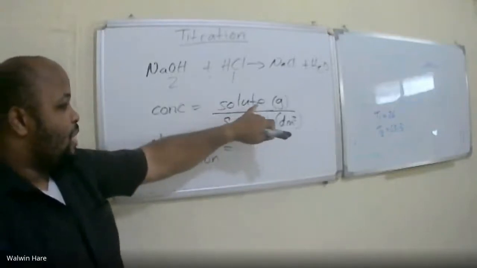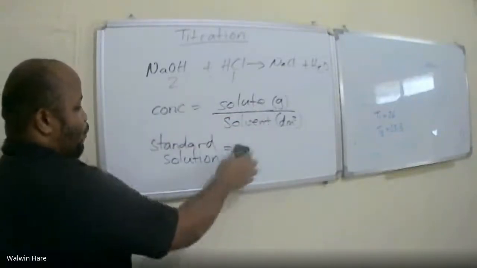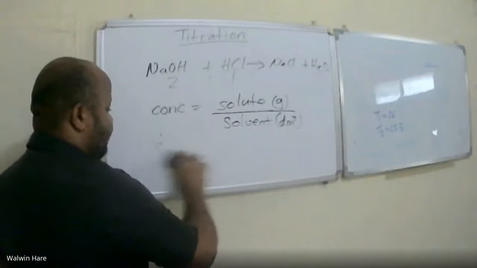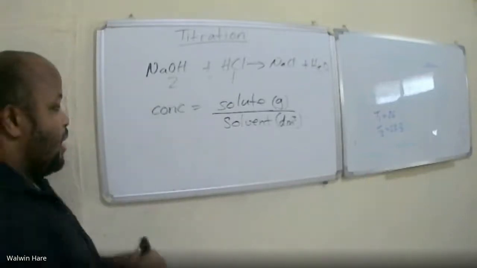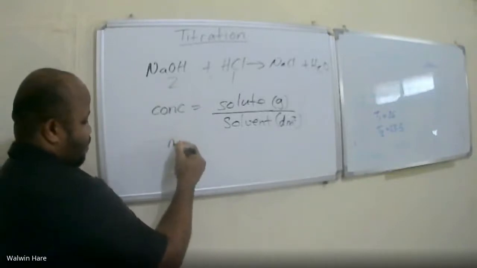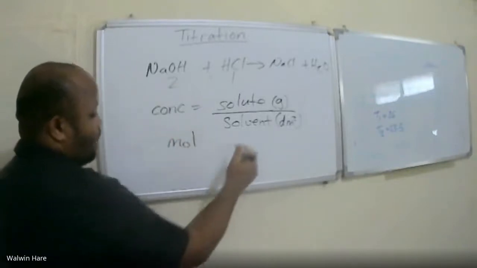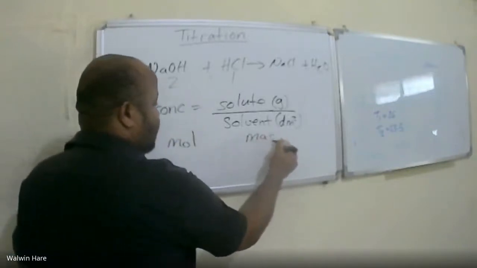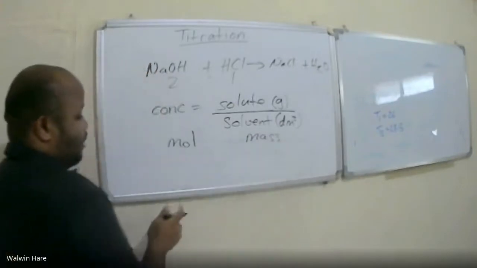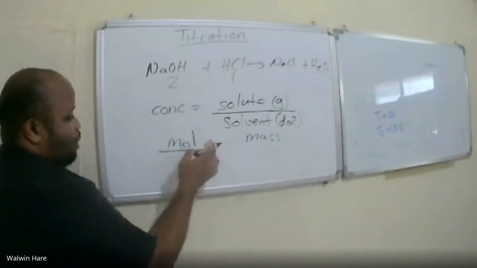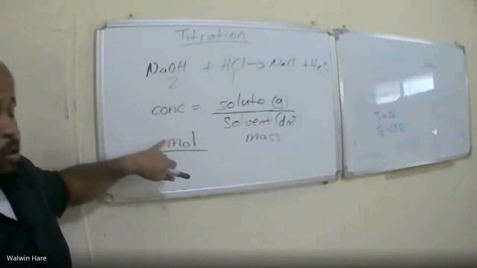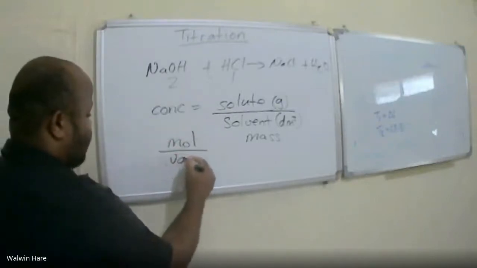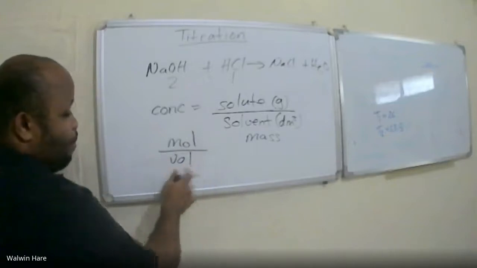Now, in terms of this solute, when we're doing calculations, it can be in terms of moles or it can be in terms of mass. If the solute is in terms of moles, it will be mole over volume.